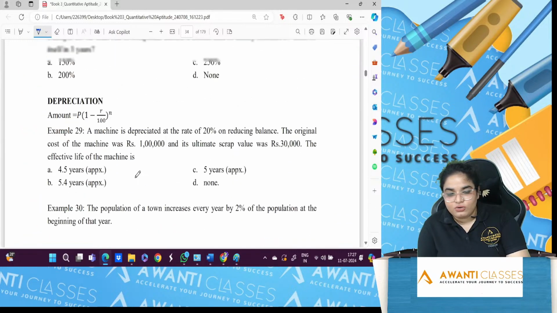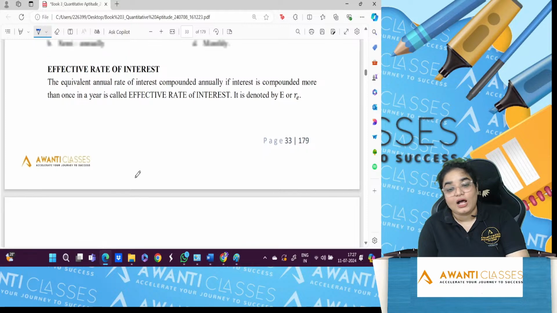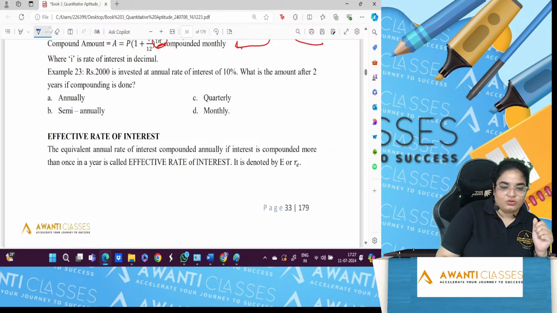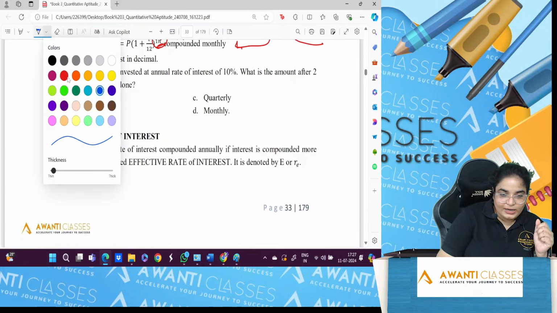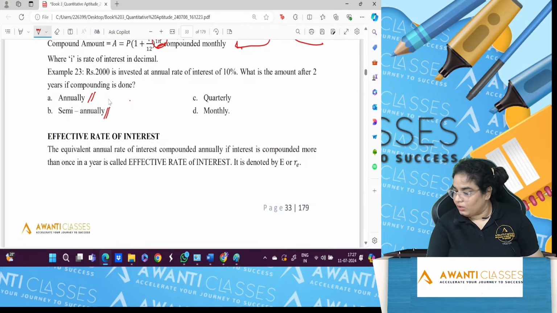Great. We also discussed one concept called effective rate of interest yesterday. Last concept, do you remember? This question we did in class also. Annual and semi-annual we did.